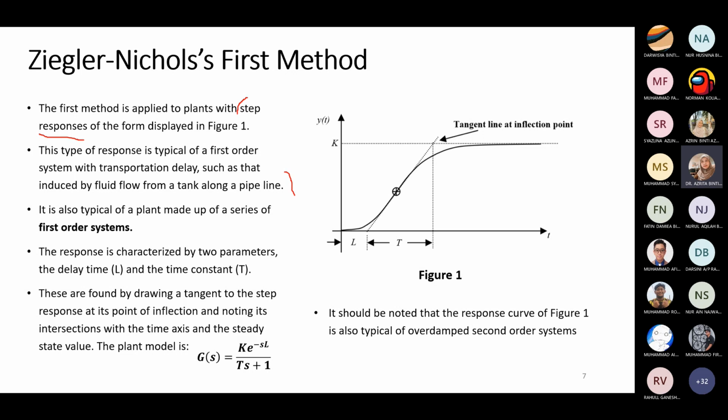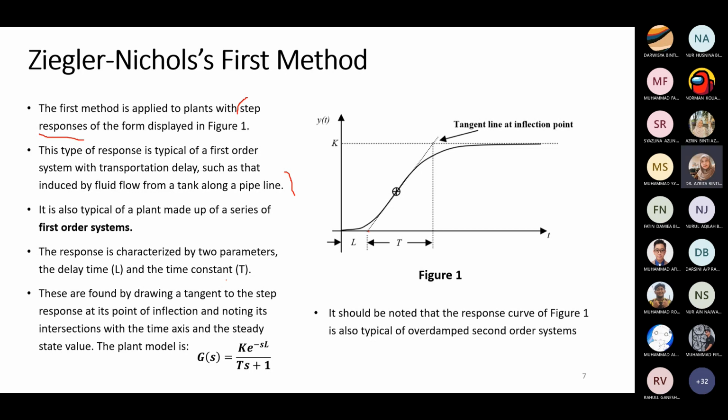It is also typical of a plant made up of a series of first order systems. The response is characterized by two parameters, the delay time and the time constant. From here, for the T, we can determine the delay time here, starting from 0 until here. And then the value of the time constant.